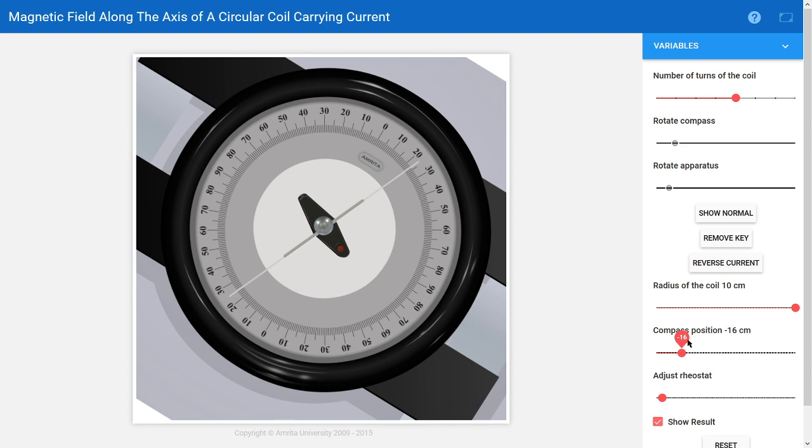Coming to the minus 16, be careful: whenever you are going for minus 16, you take it for the left side. When you are going for the plus 16, you are taking the negative right side. Let me take this as minus x.